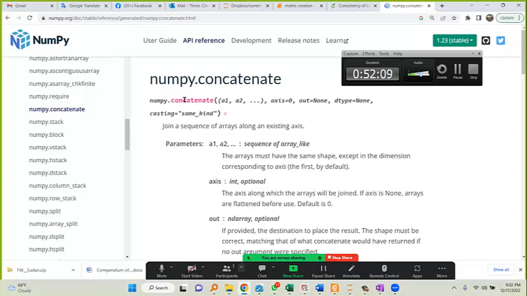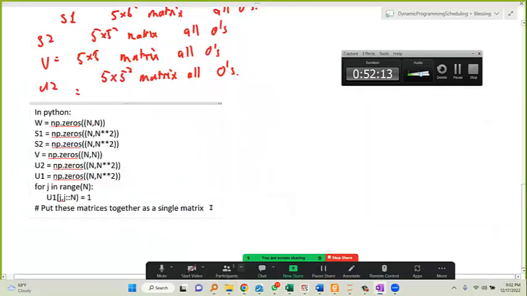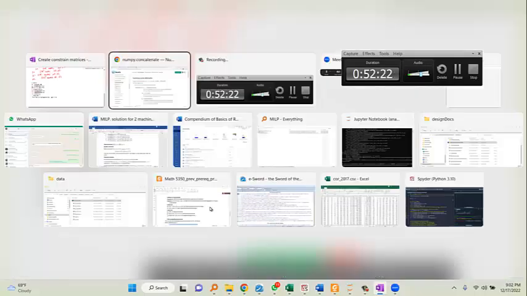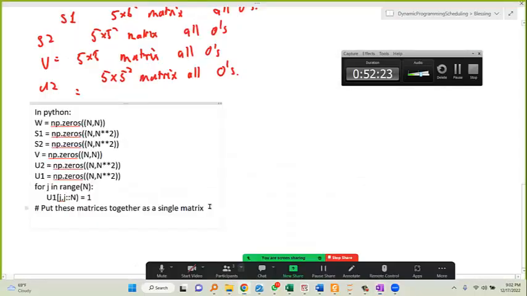Okay, so yes, and we'll be joining on the first axis. So this is going to be the first equality matrix. So A equality 1 is equal to np.concatenate.